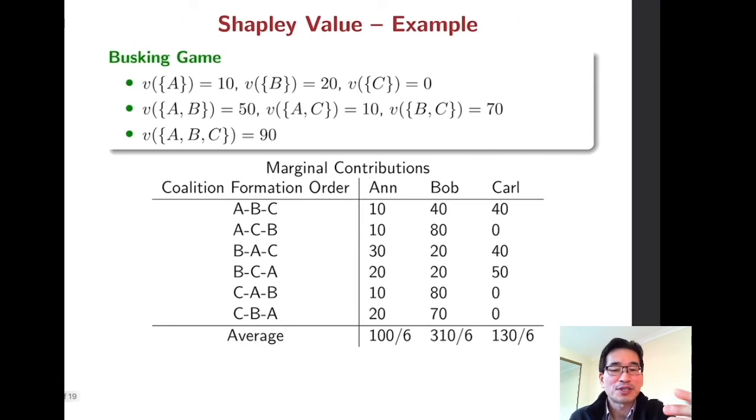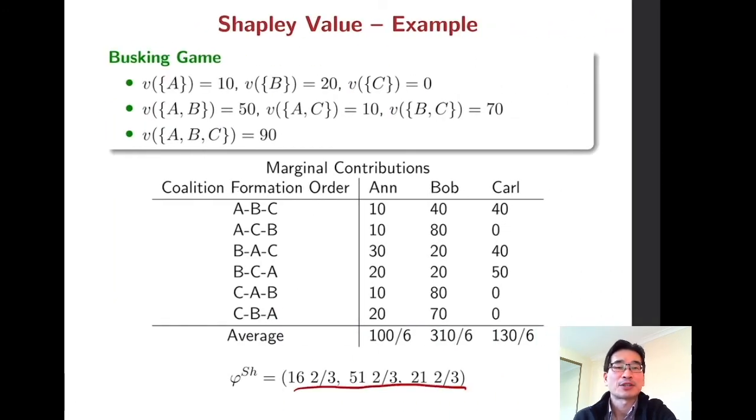So it's just a routine, so we can find the Shapley value of this game is this vector. 16 and 2/3 to A, and 51 and 2/3 goes to Bob, and 21 and 2/3 goes to the third player.